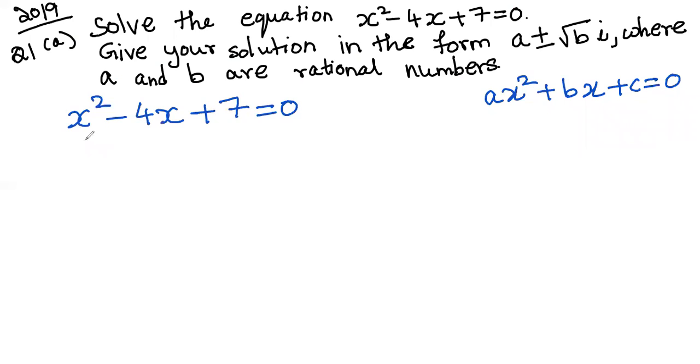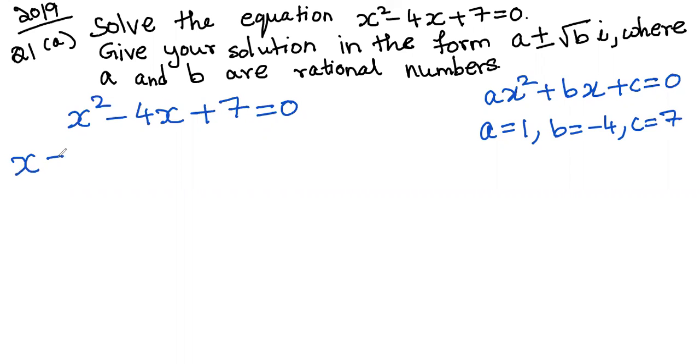So from this equation, a is 1, b is minus 4, and c is plus 7. So we have a equal to 1, b equal to negative 4, and c equal to 7 for this equation.